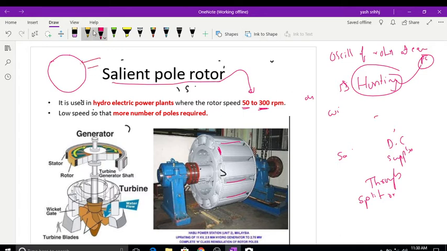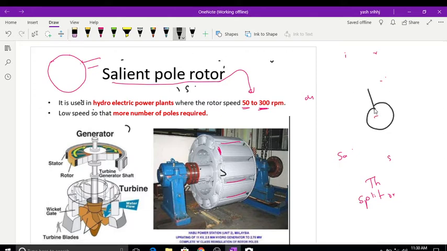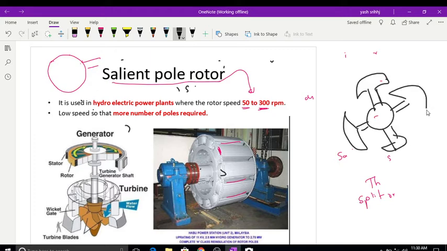So I draw here. The poles are projected outward like this. This is a salient pole, with north pole and south pole, and between these poles a gap is available.